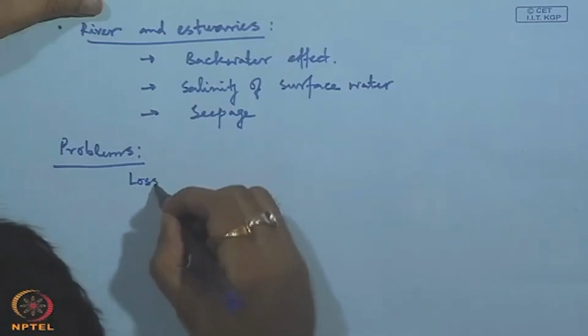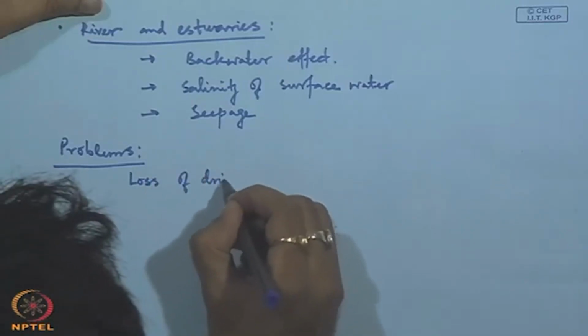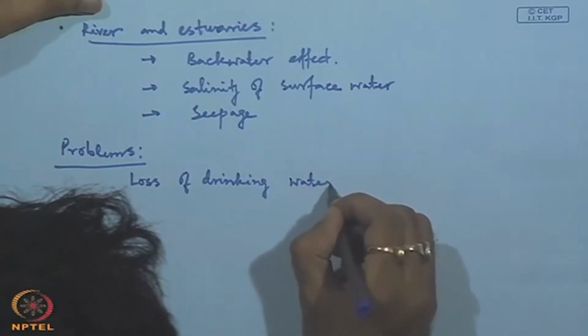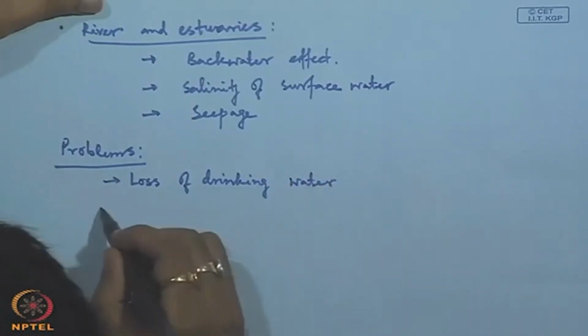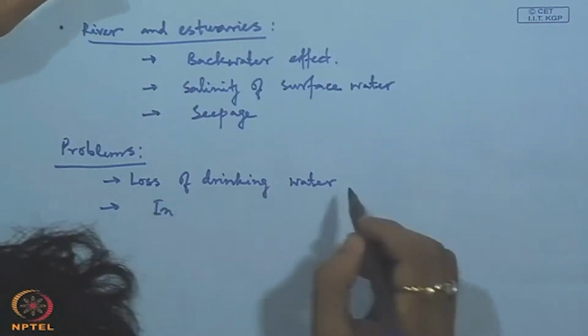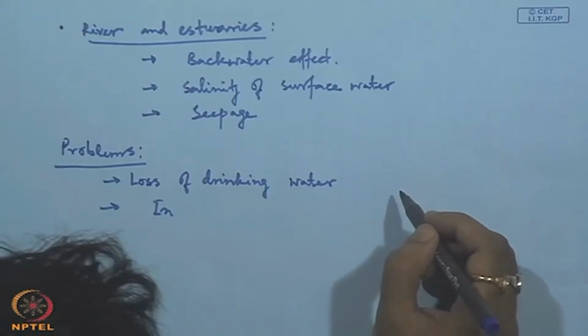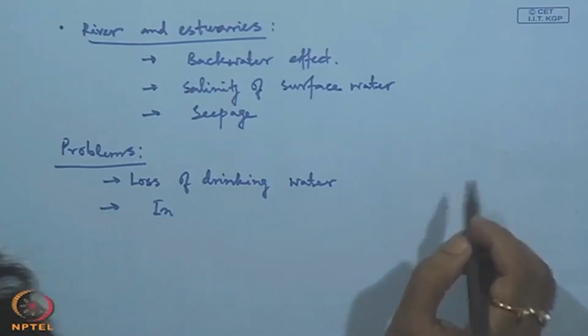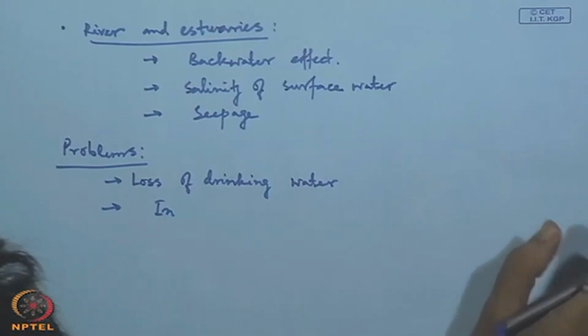First one is loss of drinking water. Next, due to loss of drinking water, there will be problems related to habitat.